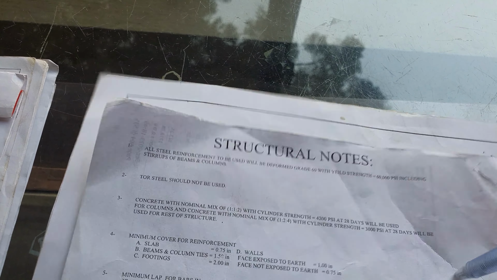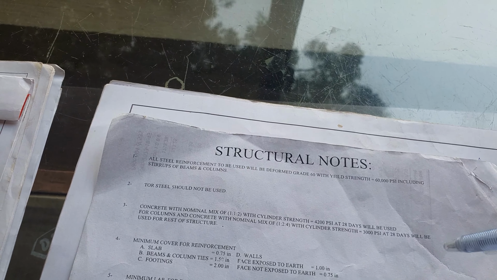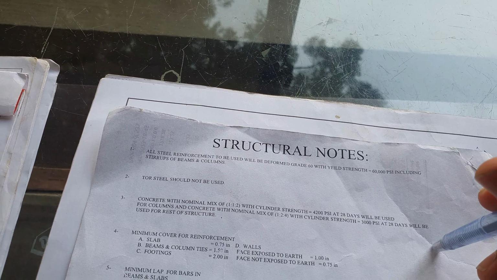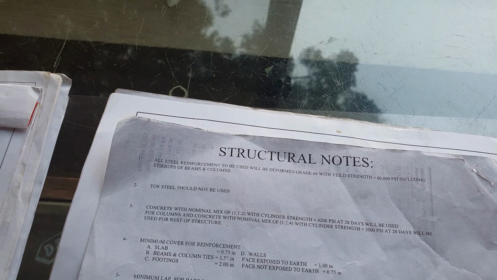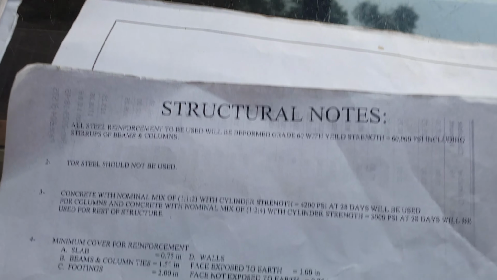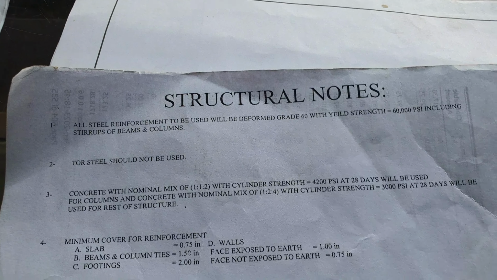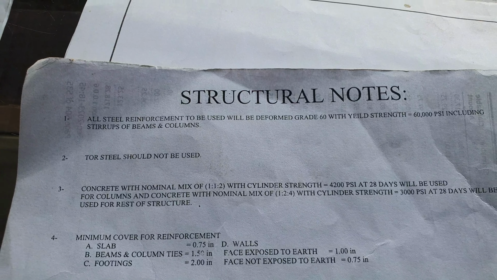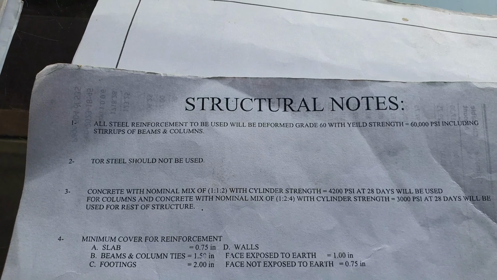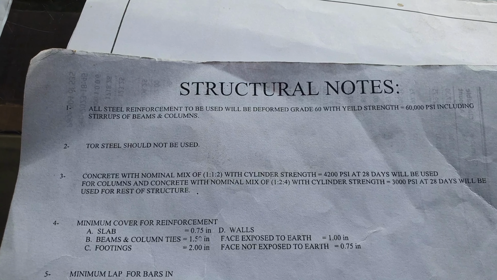The grade of the steel we are using for the reinforcement must be grade 60 or as per your structural drawing. That's a very basic thing, because steel gives the basic strength to the structure. If the mentioned grade is 60 and you are using 40 or 30, it will reduce the life of the structure.